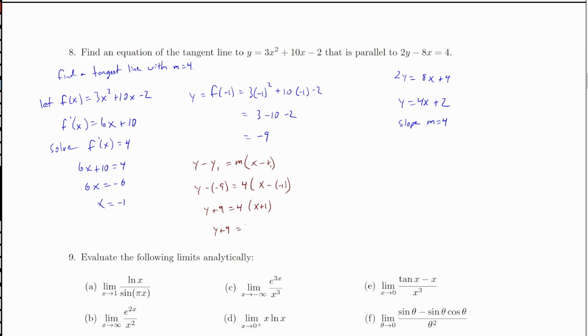Distribute the 4. And then subtract 9. So I get y equals 4x minus 5.